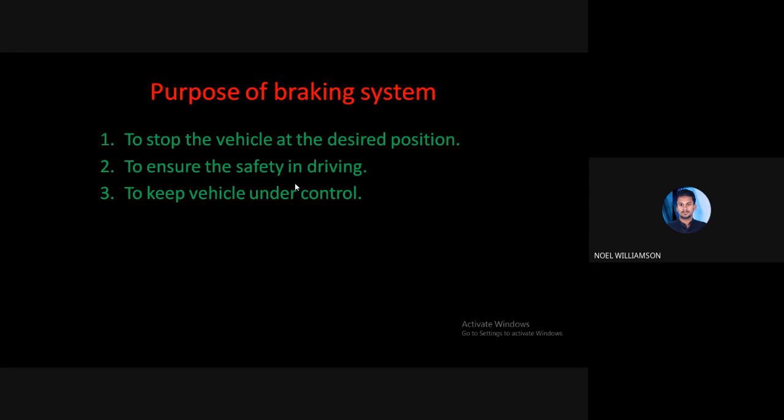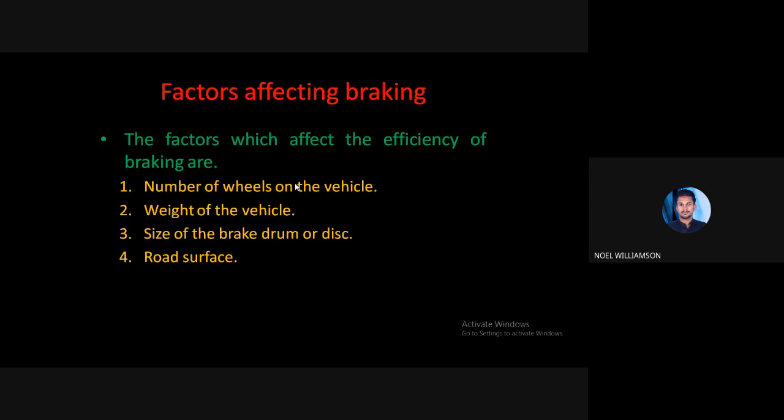Now we will see the various factors which affect the efficiency of a braking system. These are the factors which may affect whether it is highly efficient or not. First one, the number of wheels on the vehicle. Most cars have 4 wheels, right? Two at the back and two at the front.